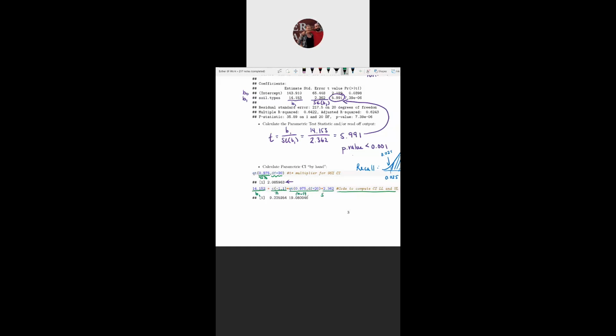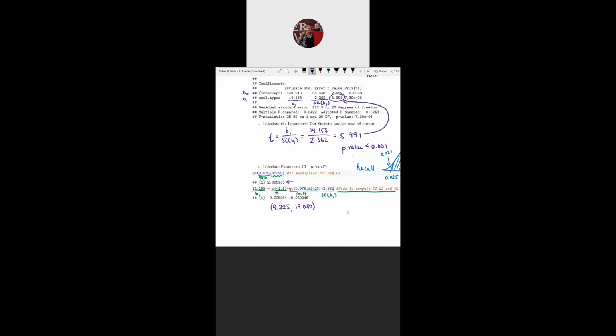And there is our standard error estimate from our summary output. So you run this line of code. Here's what it spits out just below. So that means that we have a confidence interval of 9.225 up to 19.080.